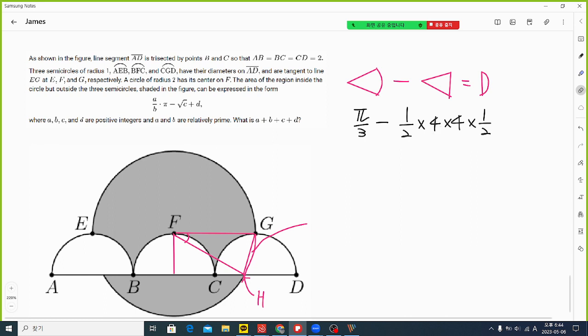This is 2. Yeah, so the area we want is pi over 3 minus 1. That's a very small area.